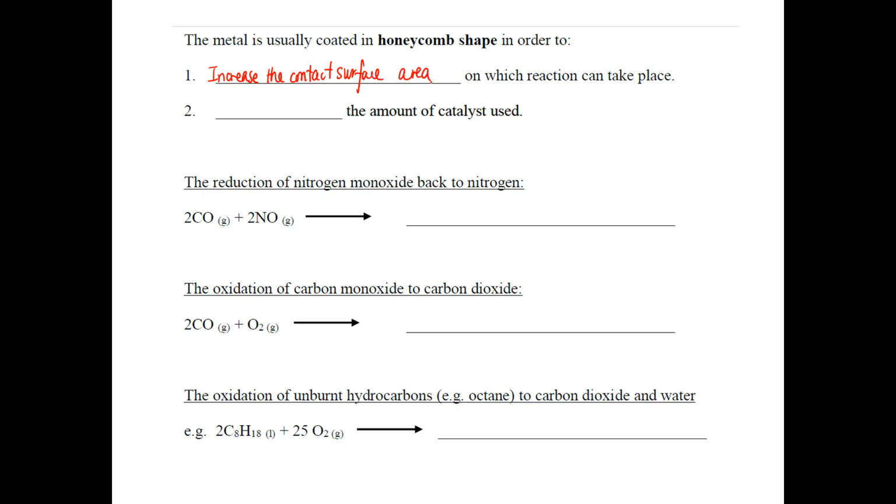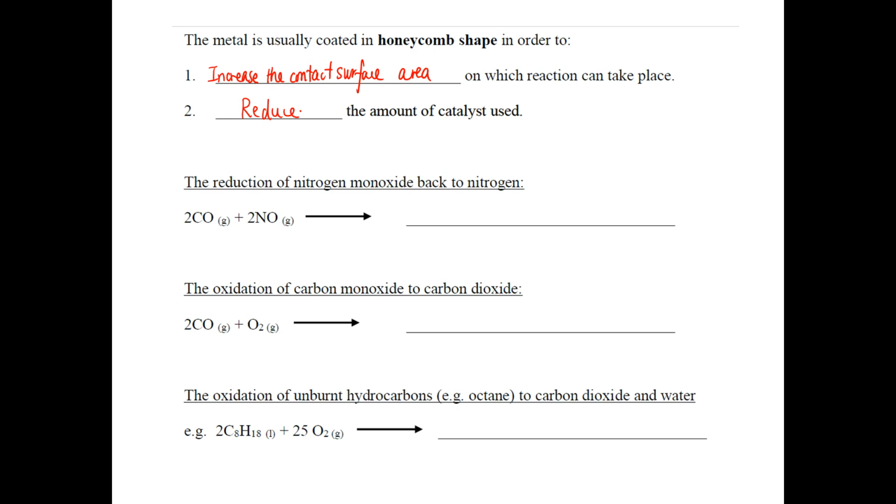And now your metal just needs to coat a thin layer on the surface of the whole catalytic converter. So that's why it can reduce the amount of catalyst used, because you just need a thin layer to be coated on this honeycomb shaped substance.